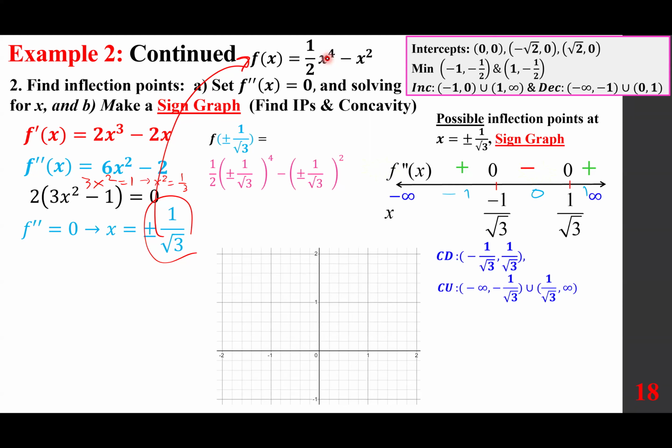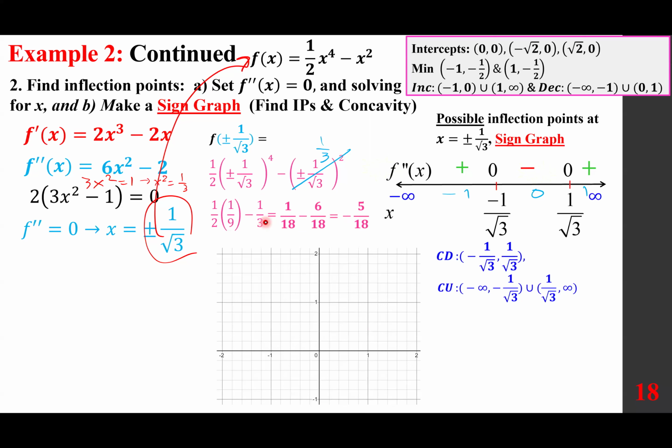Now, to make sure we understand what's happening, I'm going to do this one first, and I hope you can see that this is 1/3. If this is 1/3, this must be 1/3 to the second power, or 1 over 9, right? So this is 1 over 18. So this is minus 1/3, or minus 6 over 18.